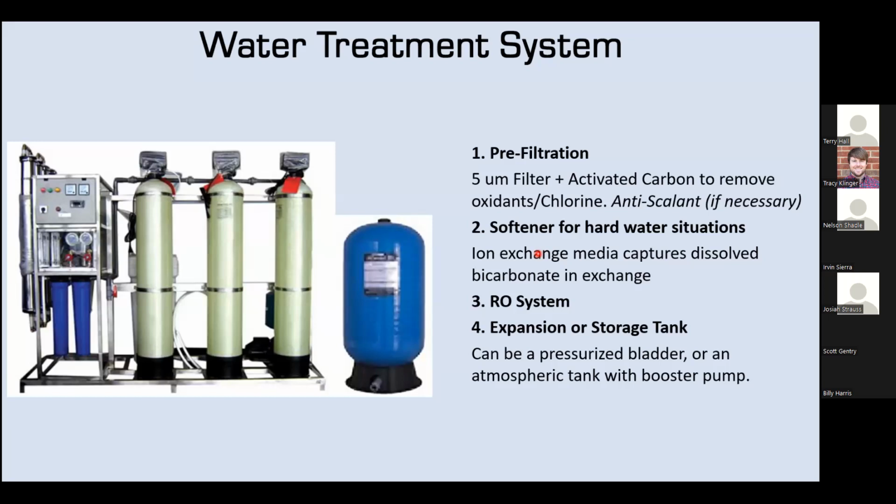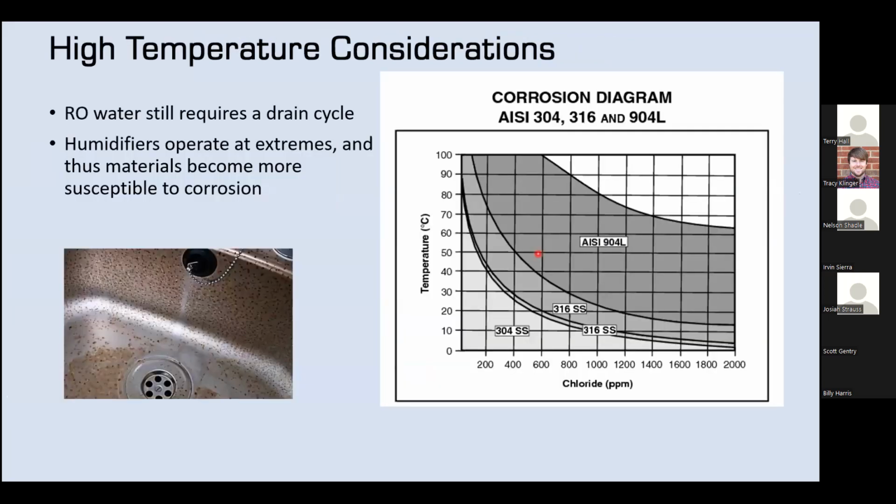That creates an issue. And lastly, RO water is not perfect. A little bit of chloride gets through the membranes, and even if it's 5 ppm or a little lower, once you start boiling it and you concentrate it a little bit by bringing in more water, because we're operating at 100 degrees Celsius, all stainless can corrode, even with smaller amounts of chloride.